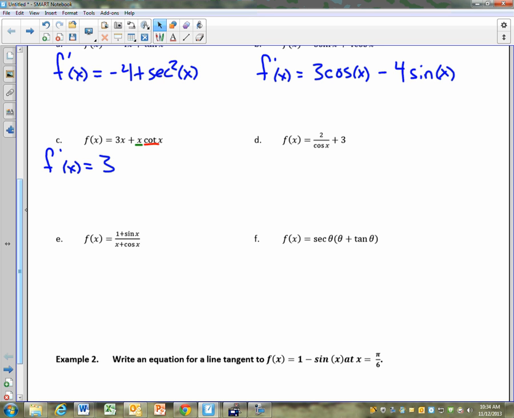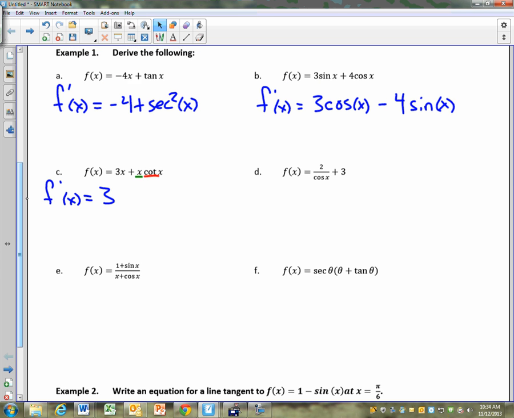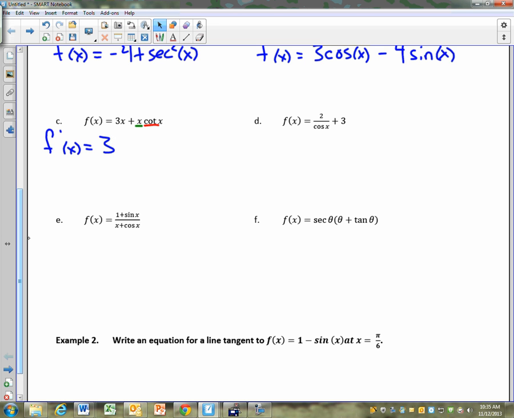You have to take those and use the product rule. We don't have a rule that says what x cotangent of x is. If you have a constant, no, because x by definition changes. It's a variable. Whereas 3 and 4 do not change, so they just go along for the ride. So we got to do the product rule here.